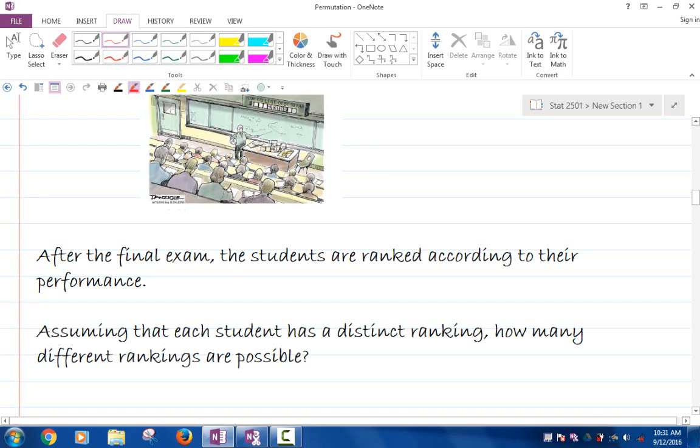So you have 21 male students and 5 female students, and you are ranking them. All of them will have distinct ranks. So how many rankings are possible?